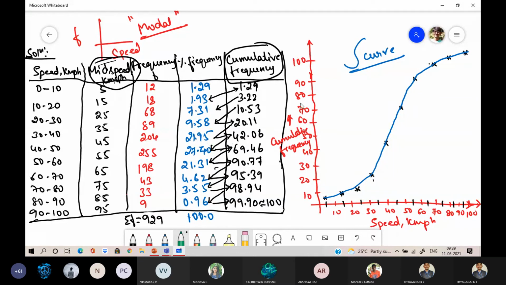So what is the question they have asked? Kindly respond. Have you written the tabular column? Yes, sir. Okay, I will erase some portion of the tabular column.